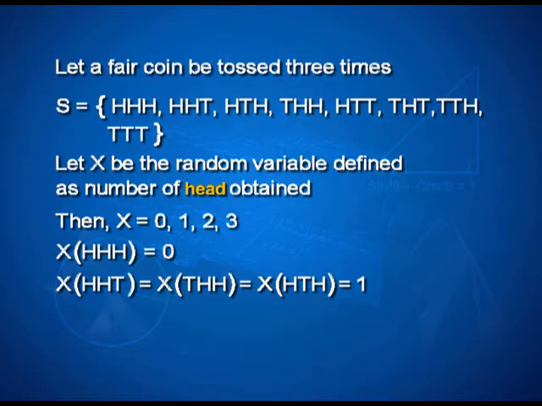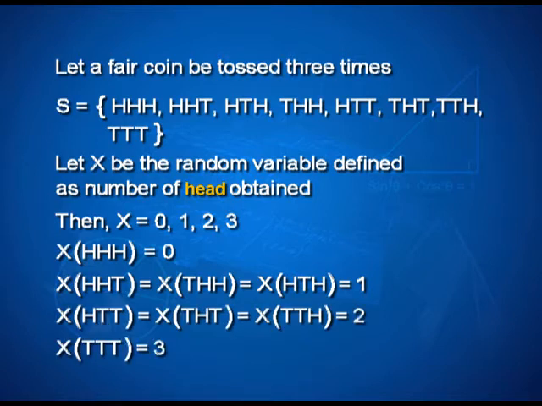So, associated with the outcome HHH, x associates the real number 3, with 3 outcomes HHT, THH, HTH, x associates the number 2, and similarly the numbers 1 and 0 get associated with the respective outcomes.